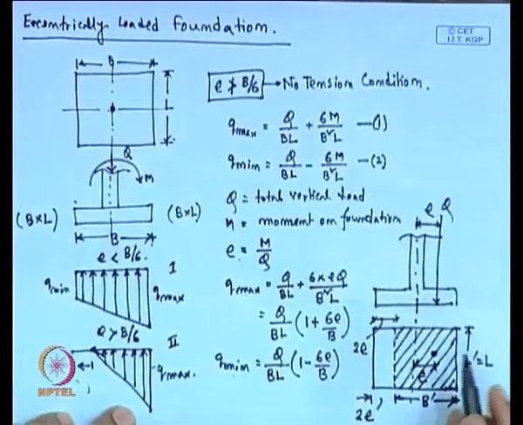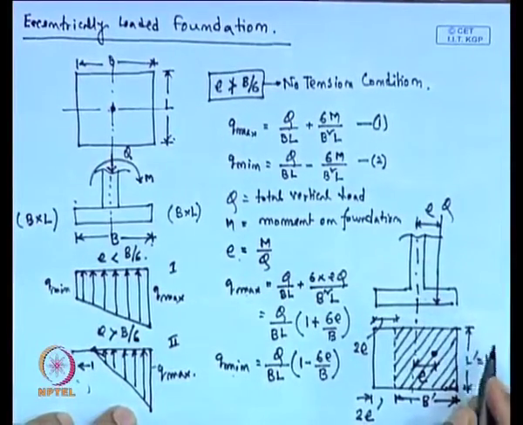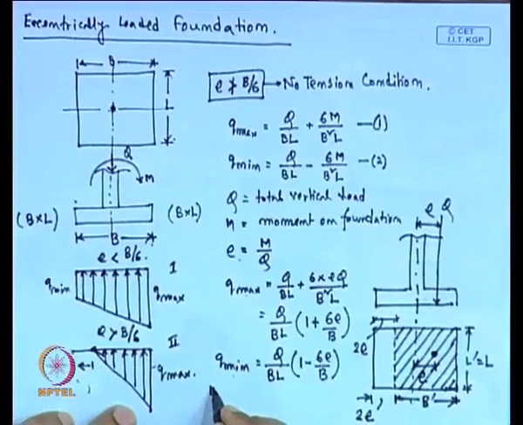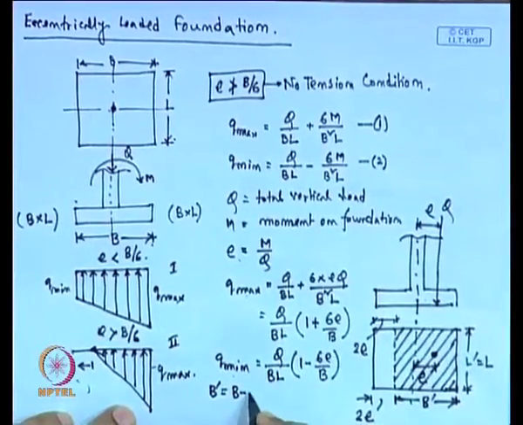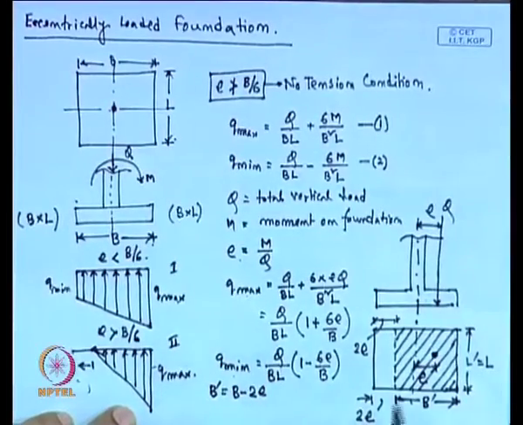Now, when we calculate this effective area, instead of B we use B dash, which will be B minus 2 E, because this 2 E is the white portion. So, B dash will be B minus 2 E, and L dash is as usual equal to L, as it is one way eccentric loading.